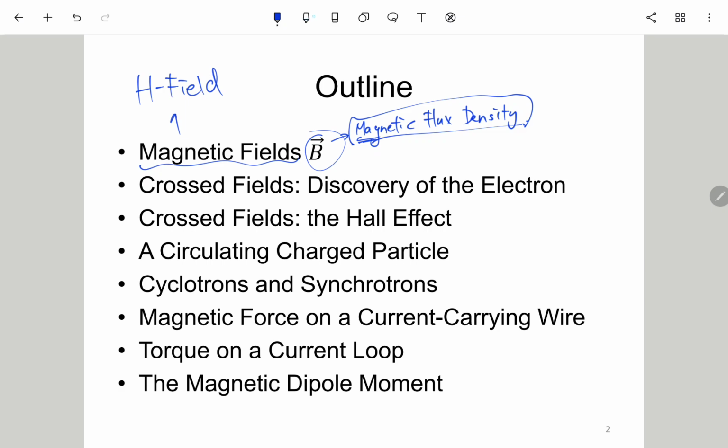So the first part, we will talk about the magnetic field. What we try to learn in this chapter is, if we have something called a B field and some moving charges in the B field, what will be the interaction between the B field and the moving charges.